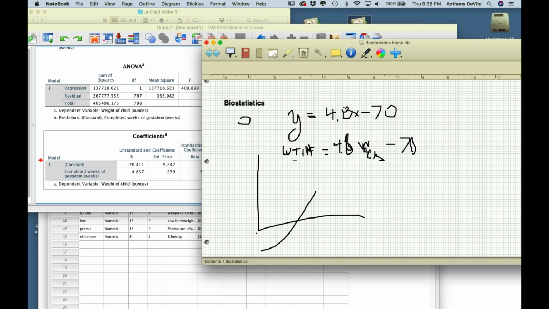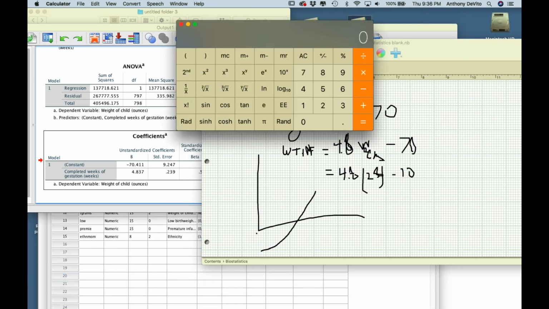So you might be able to say, well, what would the weight of the infant be if the pregnancy went 28 weeks? How would we calculate that? We just say the weight of the infant is equal to 4.8 times, what did I say, 28 weeks minus 70. I'm going to get a calculator out and actually calculate this.